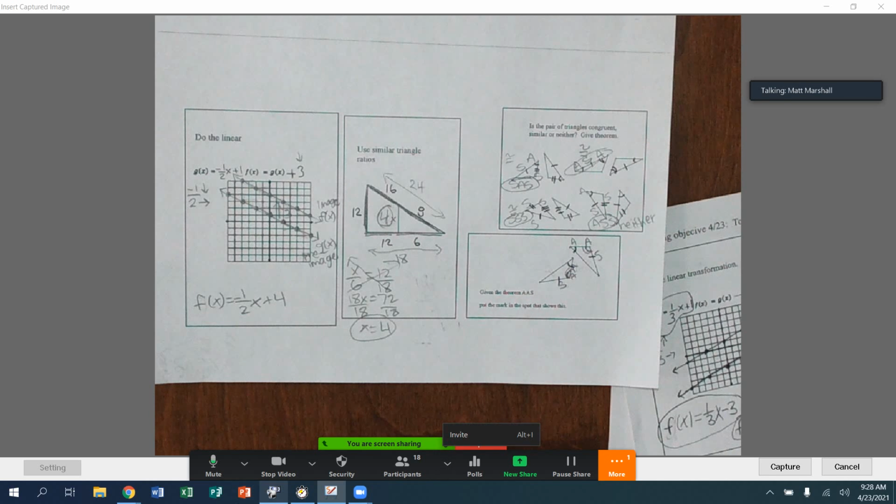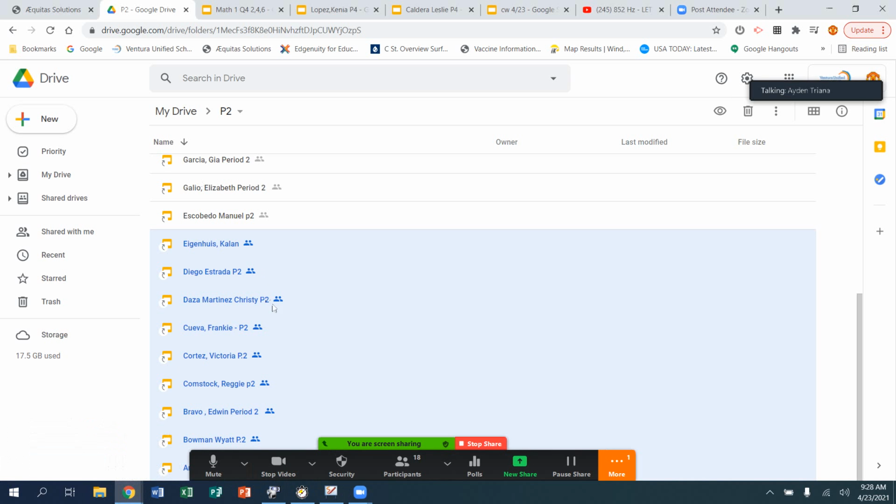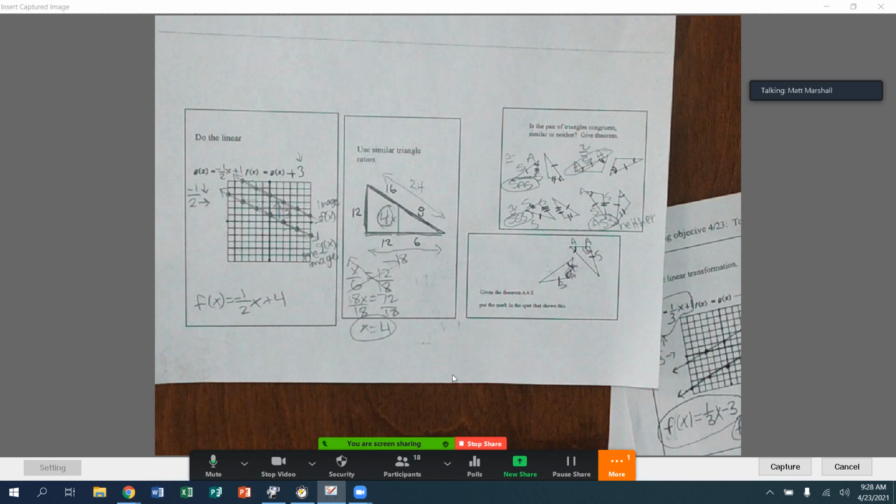All right. Do you have it on your slide, Aiden? All right. So I'll just pull up this screen here. Can you just tell us anything that you've done so far, Aiden? Tell me something. Okay. Nice, perfect. What's the congruent symbol?